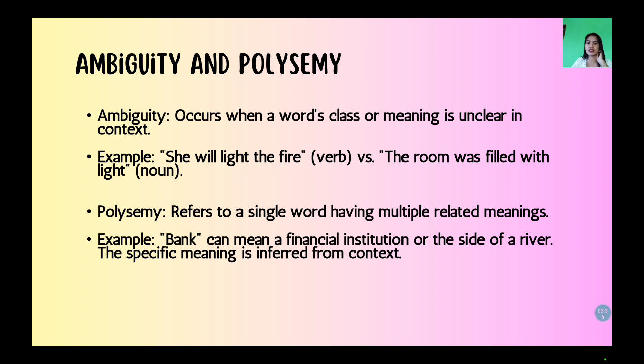Polysemy refers to a single word having multiple related meanings. Example, bank. Bank can mean a financial institution or the side of a river, and the specific meaning is inferred from the context. It depends upon the context.